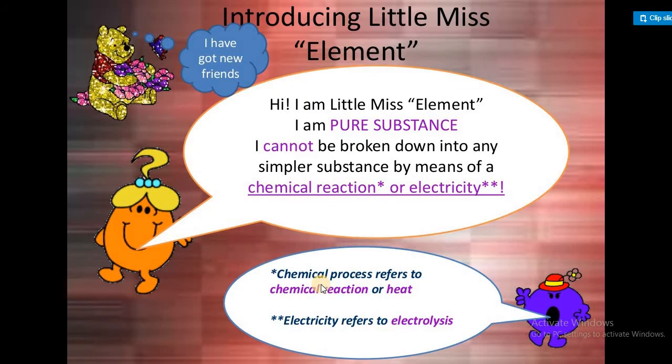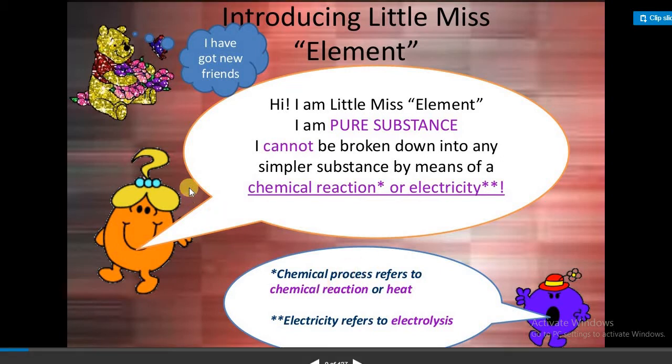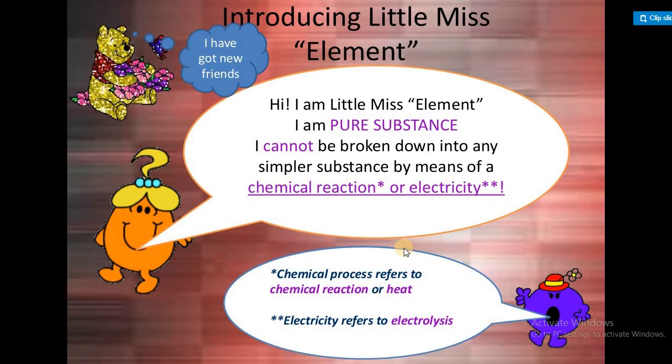Talking about the element, it is a pure substance. It is made up of the single type of atoms. It means that if you are taking a sample of element, then all the chemical and the physical properties of that sample will be same to the rest of the substance.